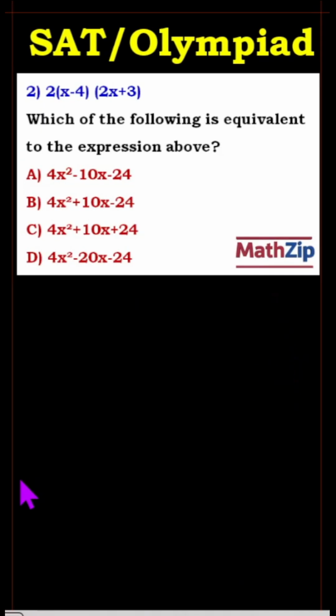Second one, here is mentioned 2 times x minus 4 times 2x plus 3. So what will be the answer? Direct we can write like 2, so first 2x minus 2 times 4 is 8, right?